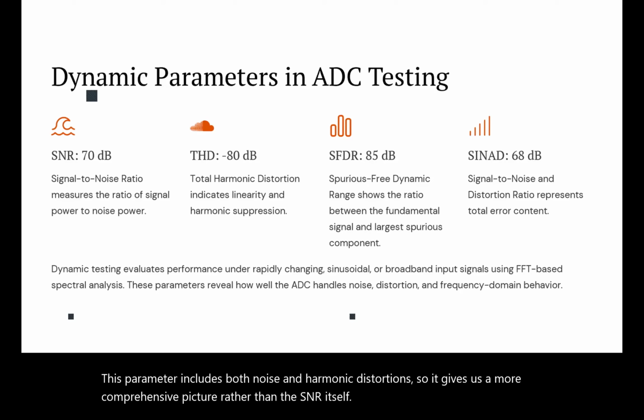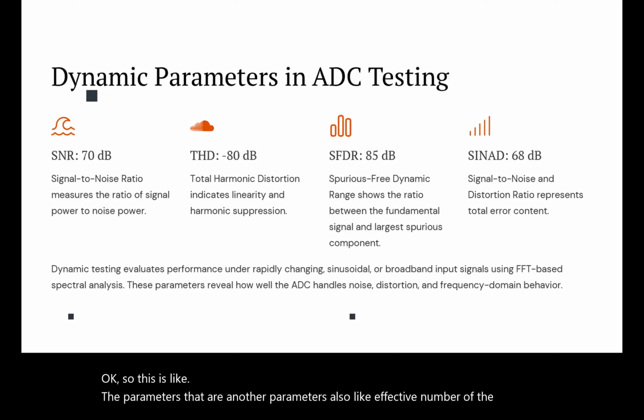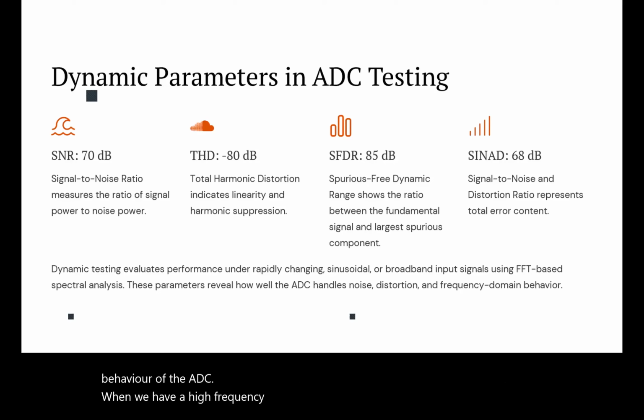Okay, so these are the parameters, along with others like effective number of bits, that we use in dynamic testing to capture the behavior of the ADC when we have a high frequency or high speed change in our input.